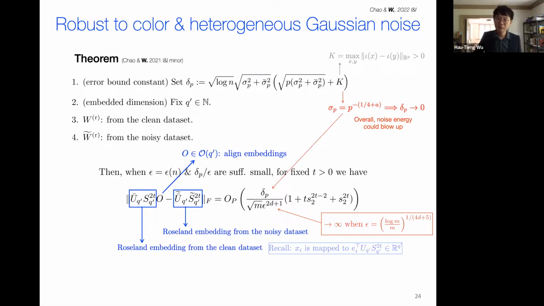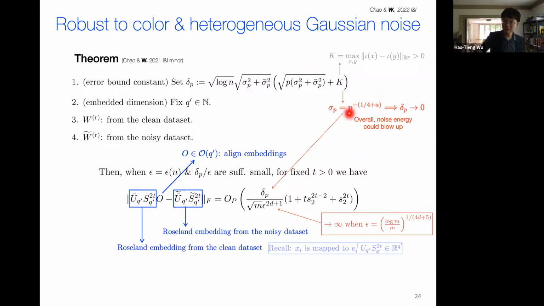That is, if you take sigma_p, the noise level, to be p raised to the power 1/4 plus alpha, then no matter what, delta_p will go to 0 in this setup. And in particular, if you choose epsilon to be in this region so that the eigenvectors converge, then you can guarantee that you have some stability results.